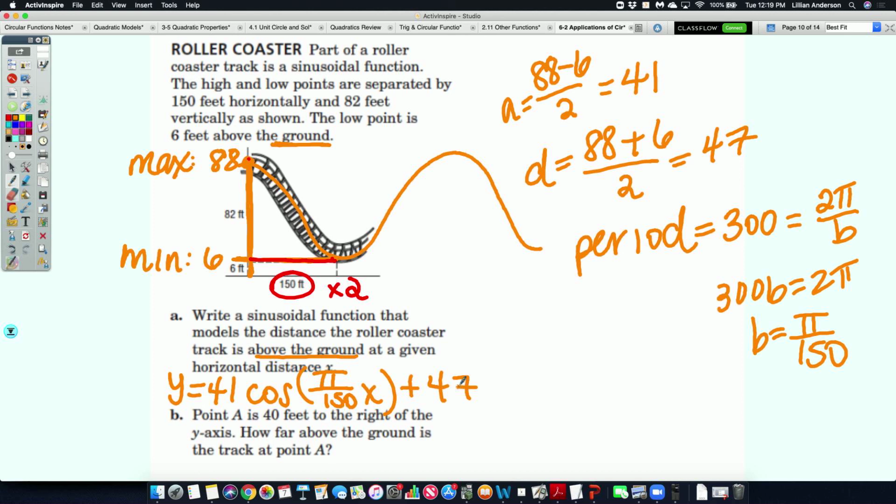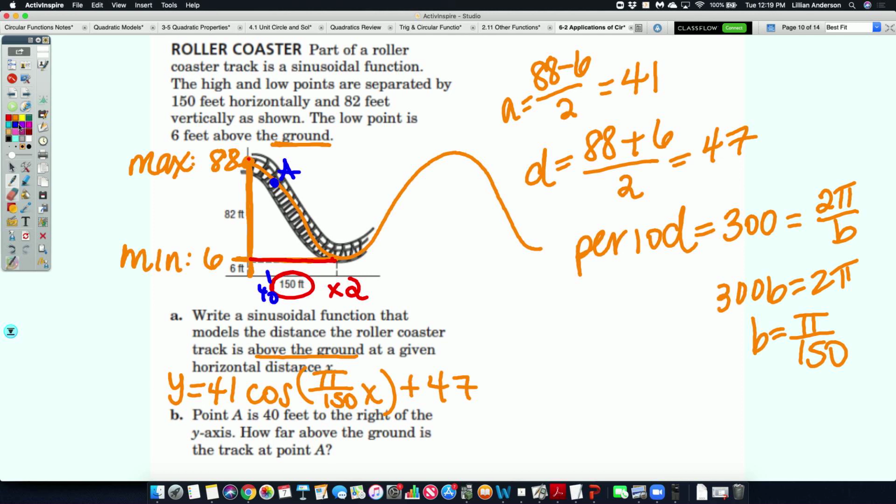Now it says that point A is 40 feet to the right of the y-axis. How far above the ground is the track at point A? So if you think about it, it's 40 feet to the right of the y-axis. You have some point A that's on the track.